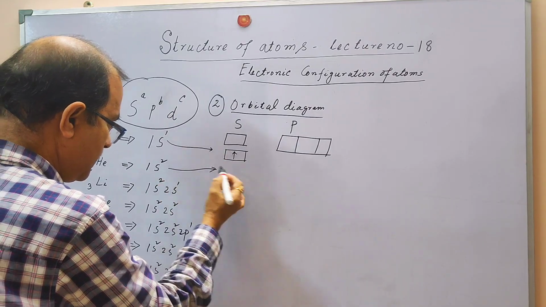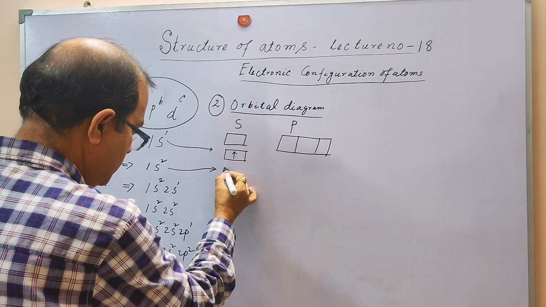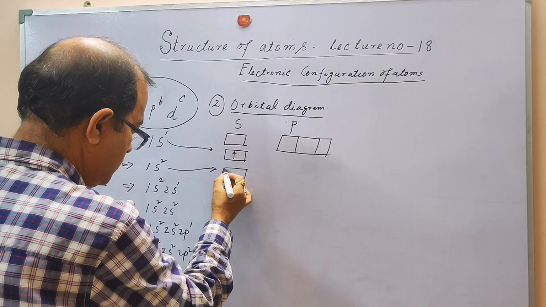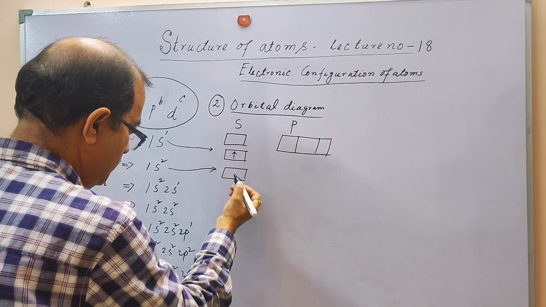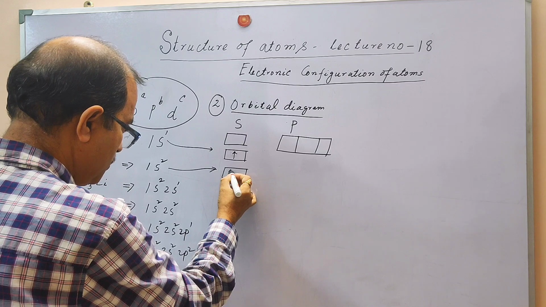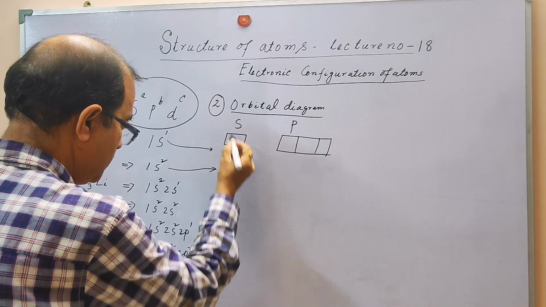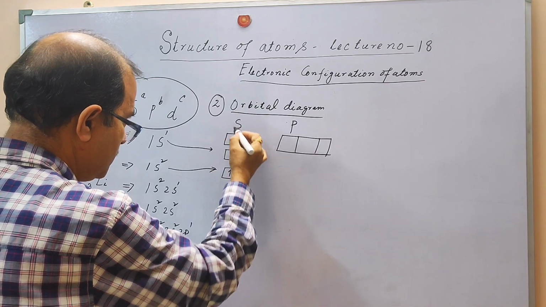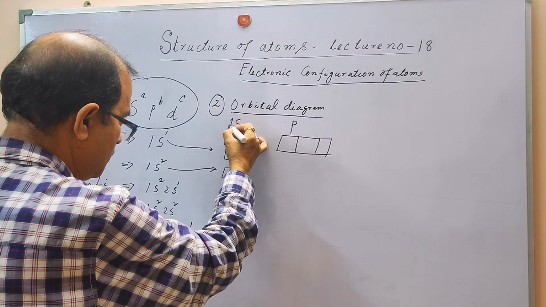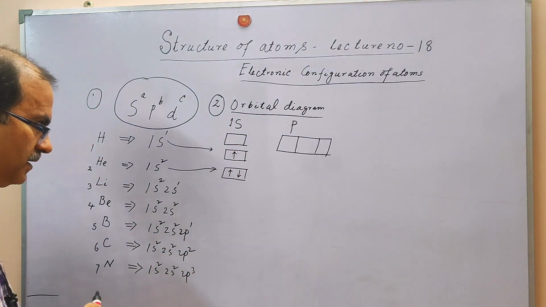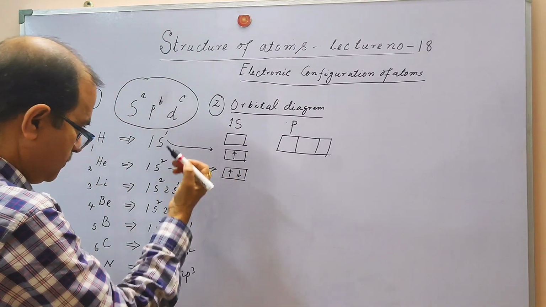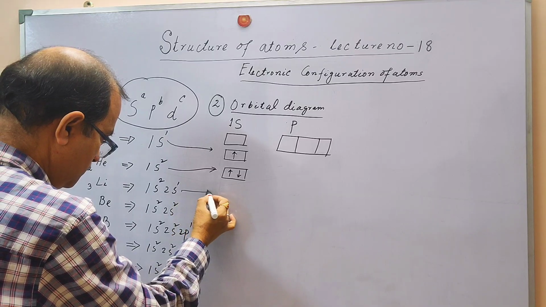Helium, you can see, has two electrons put here in the 1s orbital. This is the 1s orbital. In the 1s orbital in helium, you can see the two electrons.